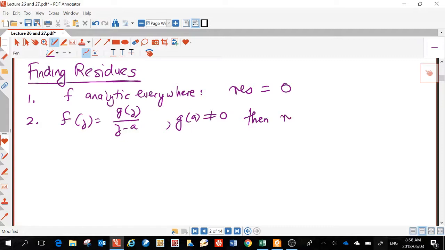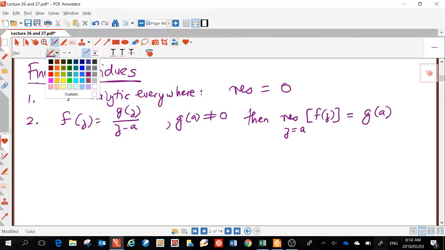Then the residue of f of z at z equals a is simply g of a. You plug this a into the top, and that's the answer for the residue. I proved this. I expanded this as a Taylor series, and I did some revision, and I achieved the result. So I'm not going to prove all those things again.